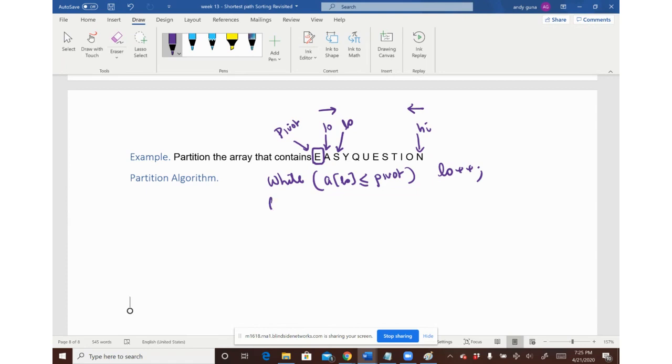And the second loop is going to be: while the A of high is greater than or equal to the pivot, we'll do high minus minus. So that means we are moving high to the left. So the question is, when will the high stop?